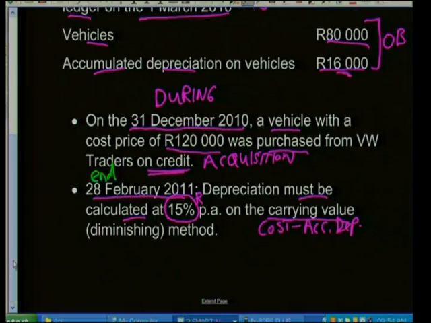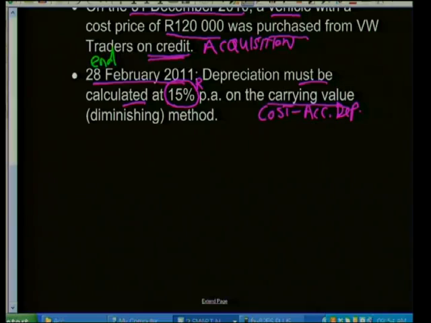Right, now guys, let's look at this calculation. Your depreciation calculation when you purchase new assets is going to be slightly different from the calculation of depreciation that we did in the first exercise. What do I mean by it's going to be different? It's going to be slightly different, not difficult.